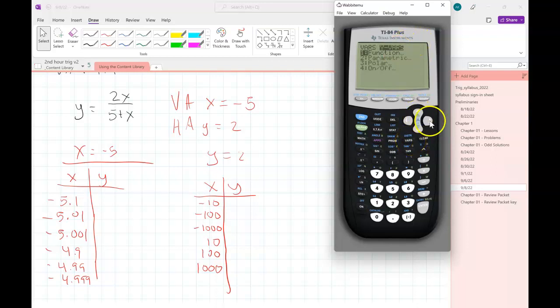I'm going to go over to the y vars tab, select the function option. That'll get me the y1. So now I can use this just like I would function notation and can do like y1 of -5.1. And if I press second and enter, I can go back and just edit what I had so I don't have to climb through all those menus again.